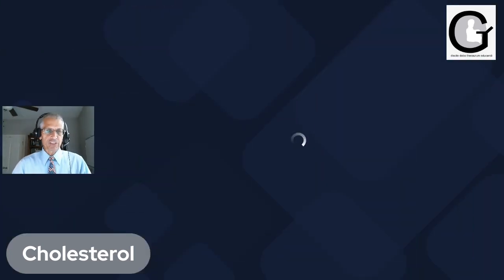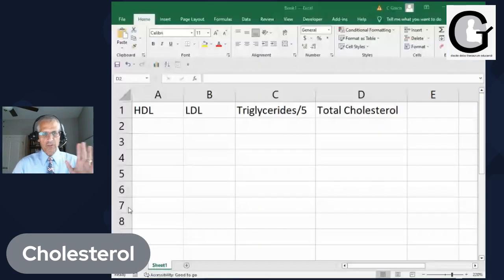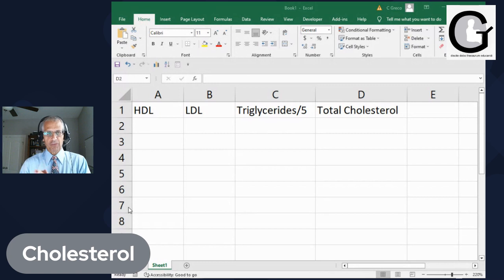So what we're going to do is take a look at these things separately and then talk about how this formula has been used for decades. Well, I shouldn't say that. A half a century. This formula that I'm about to give you is called the Friedewald formula.